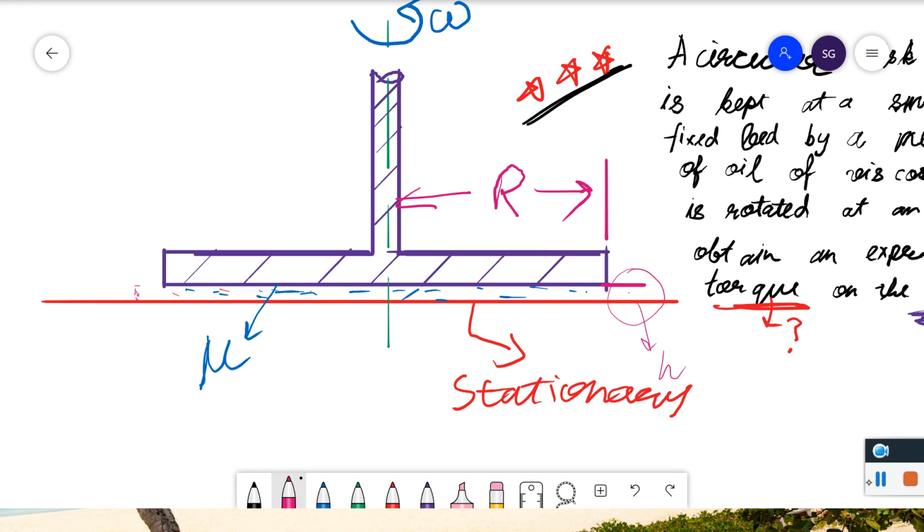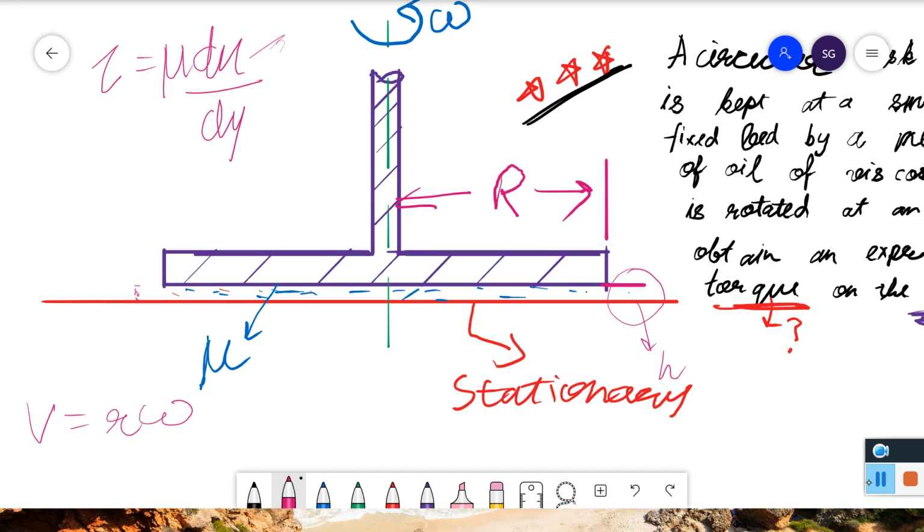Okay, so we know that tau is equal to mu du by dy. Here we are first considering the velocity. So first we will write v is equal to r omega, no doubt in this. It is moving with constant velocity, so we can write this as velocity only. So we have found the velocity r omega, and we have the radius also.